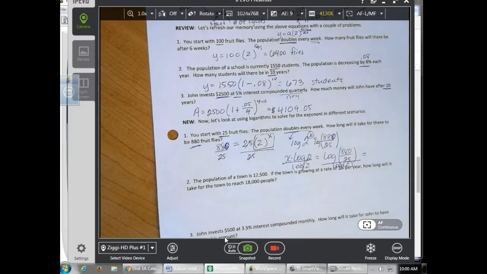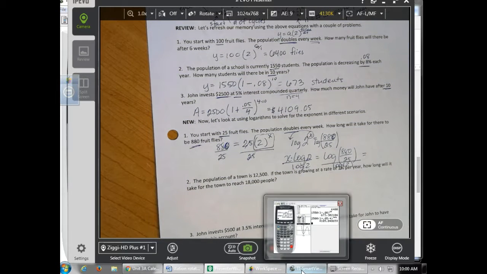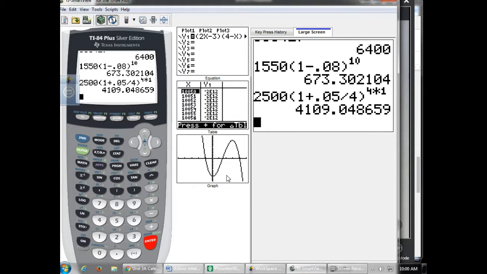So let's do that in the calculator, and I'll kind of show you. And like I always say, the calculator's pretty much half the battle. So I will have log, and I'm going to do it all at one time, 880 divided by 25, close the parentheses, and then divide by log of 2.